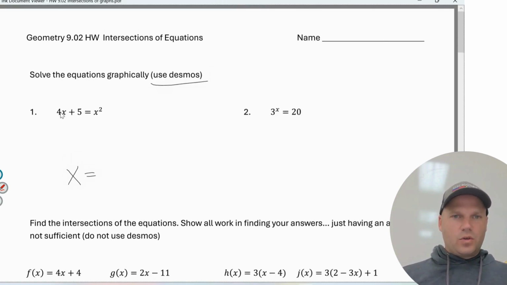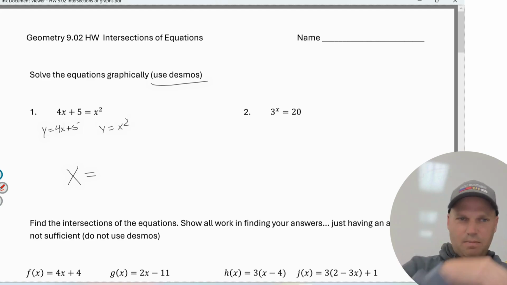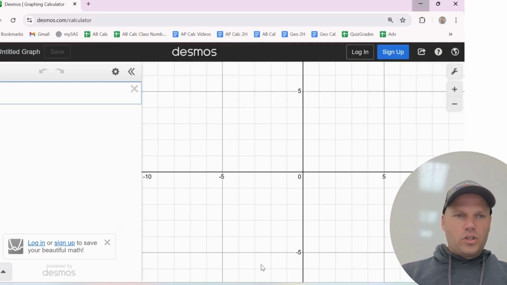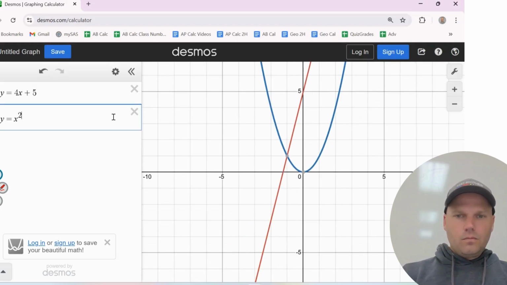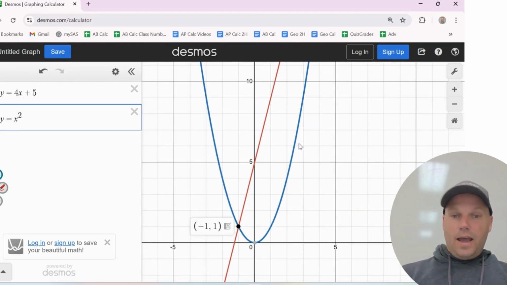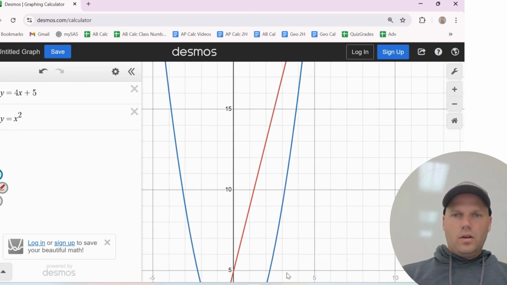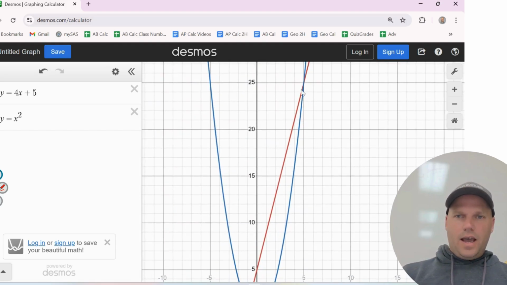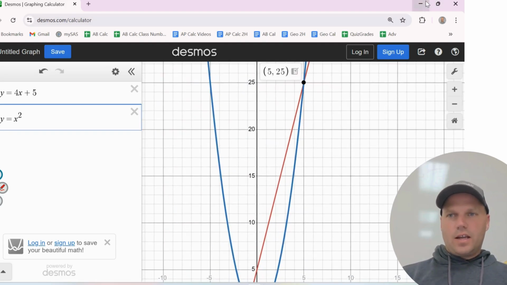For this situation, if you're able to graph to solve, we would like you to turn this into two separate equations. You'd move everything to one side and make it a y equals 0 and a y equals the other equation. And all we want you to do is graph the two equations and understand that the intersections, x equals -1, zoom out a little bit, and x equals 5, are the answers.